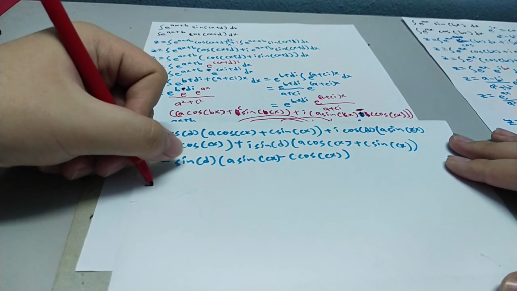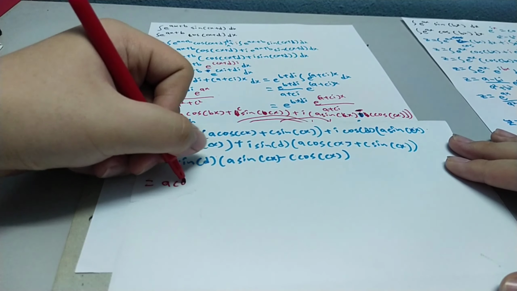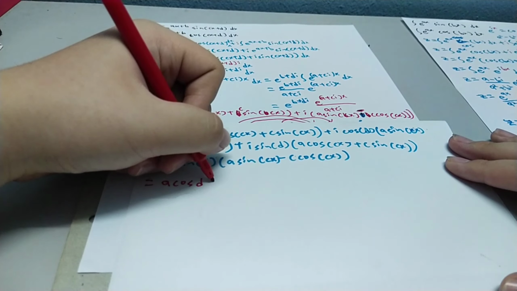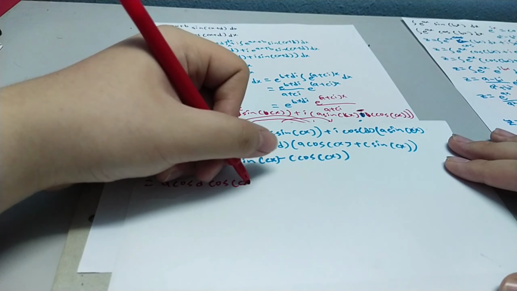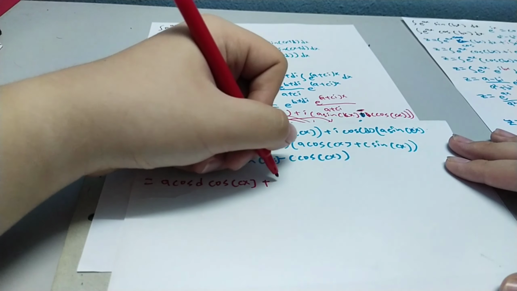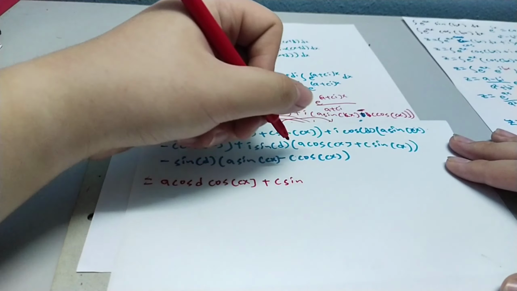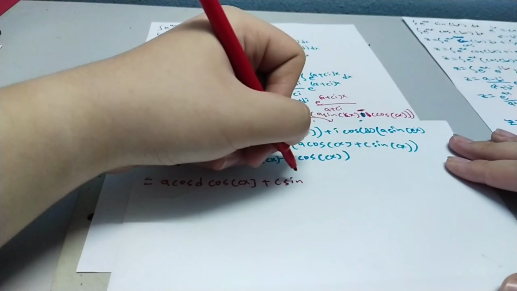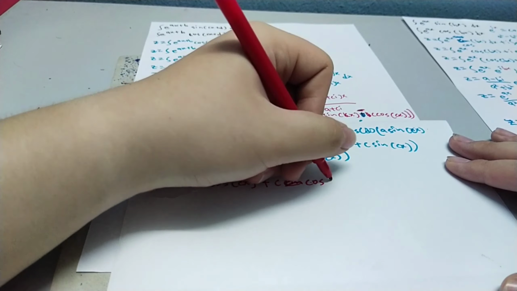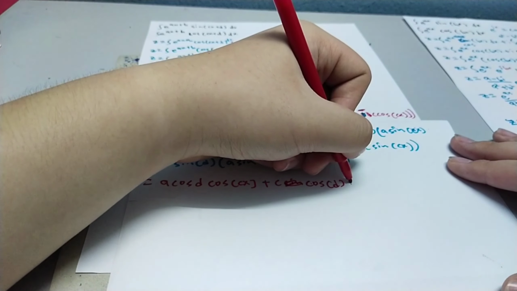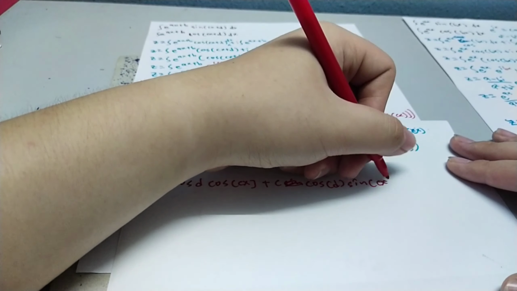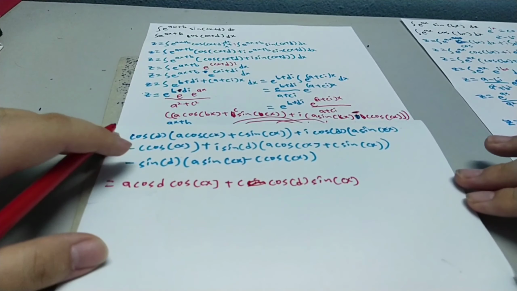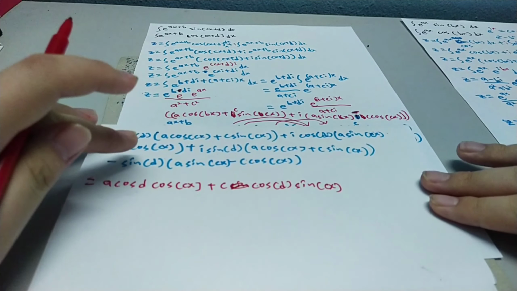So which is equal to a times cosine of d times cosine of cx plus c times cosine of d times sine of cx. This is the first one.